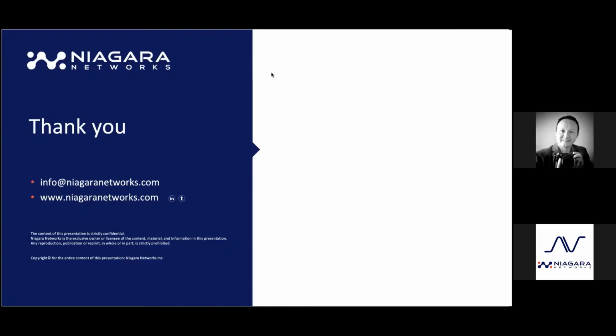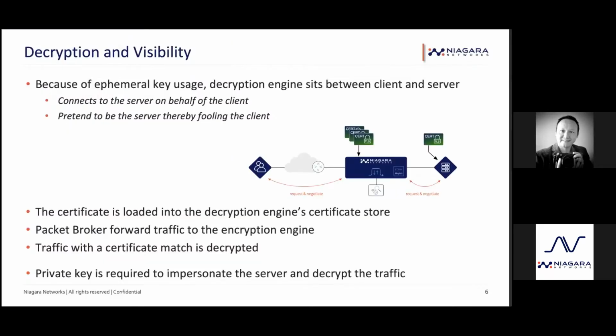If the Packetron doesn't have either the private key of the server or the client, how does the Packetron decrypt the traffic? If the Packetron does not have any certificate installed, then it is not able to decrypt the traffic. It will recognize that it is encrypted traffic, but it will just forward that traffic undecrypted to the server. So in order to decrypt the traffic, we have to have that certificate installed on the packet broker.